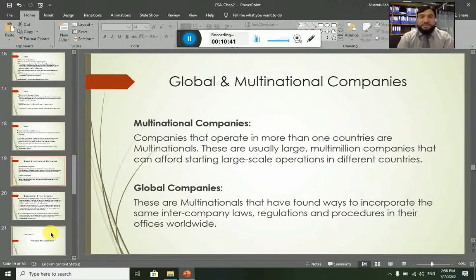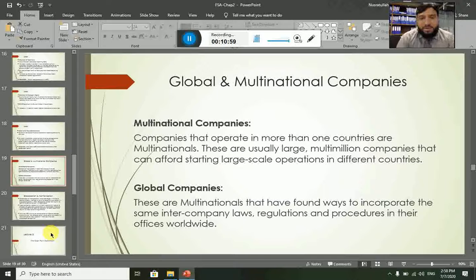The second is global companies. They're also multinational companies that have found ways to incorporate some same intercompany laws, regulations, and procedures in their offices worldwide.